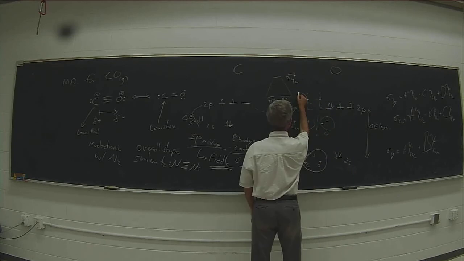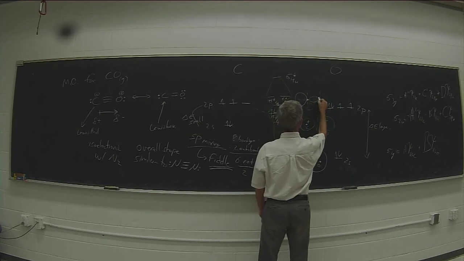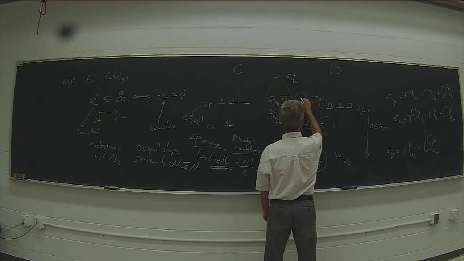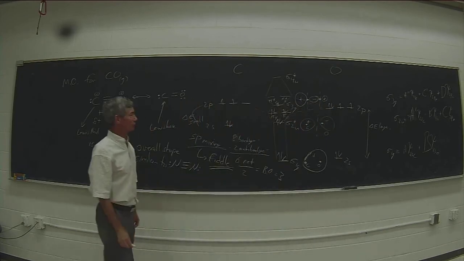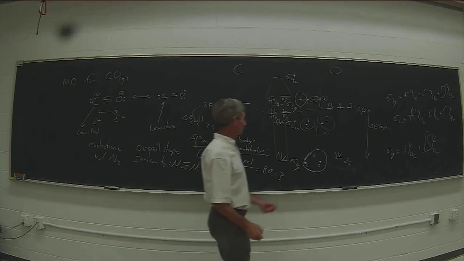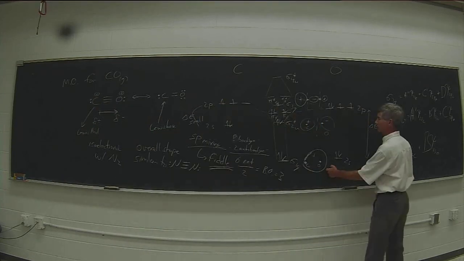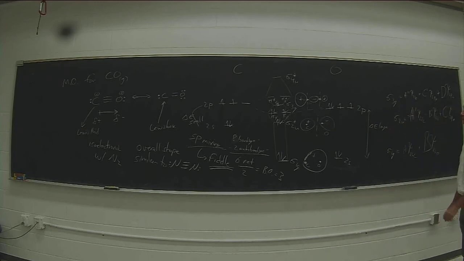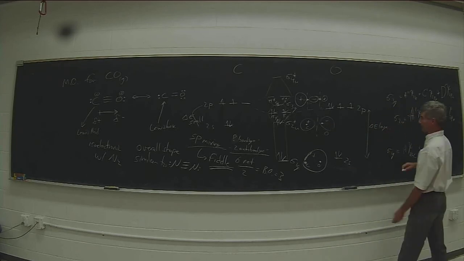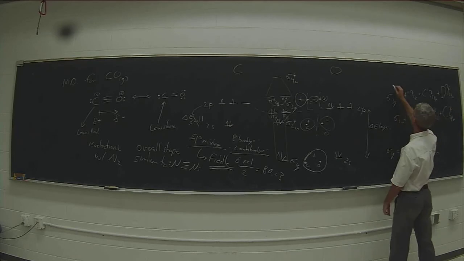There's going to be a pretty large lobe out here, good size bonding. It's going to look like that, right? It leans heavily towards carbon. This one leans so heavily towards oxygen that all three of the other sigma orbitals are effectively going to lean towards carbon, right? This one leans way towards oxygen.